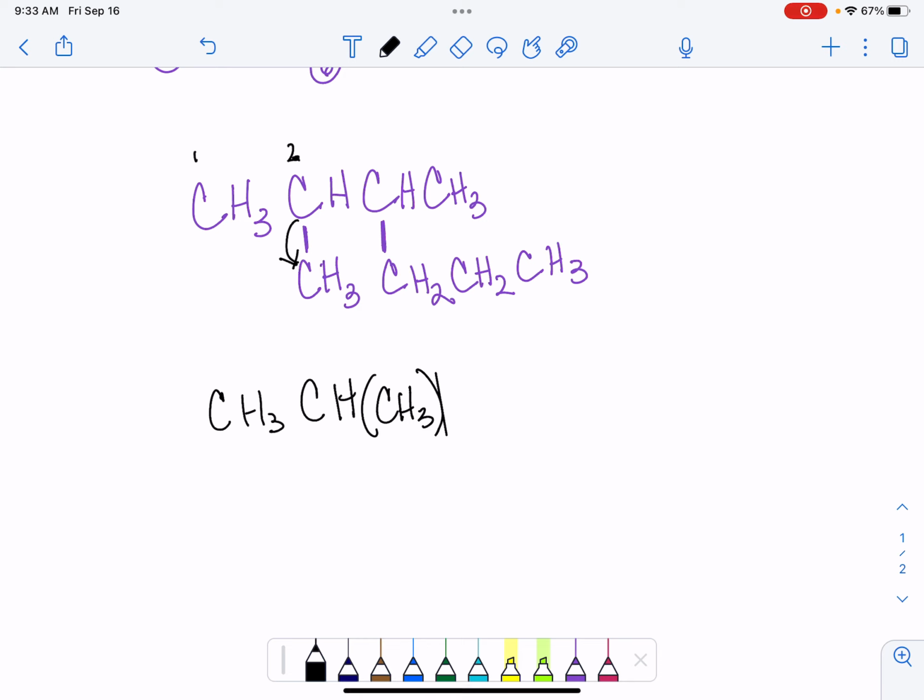So there is my 3rd carbon. And then I'll come back to my 4th carbon and continue drawing him, and that is a CH. And then I might draw this 5th carbon, which is a CH3.